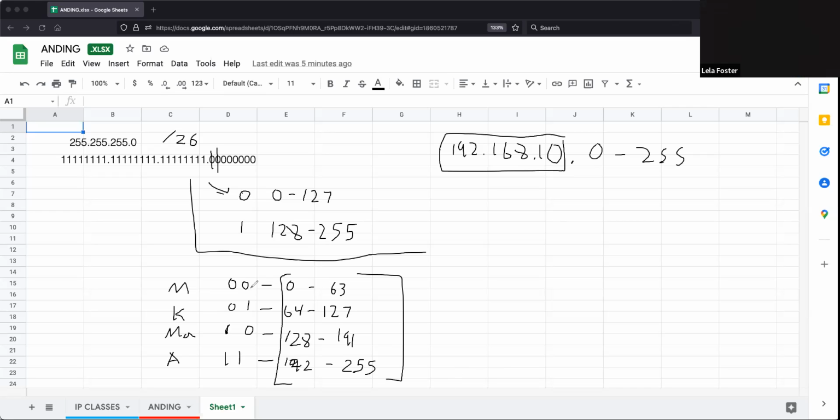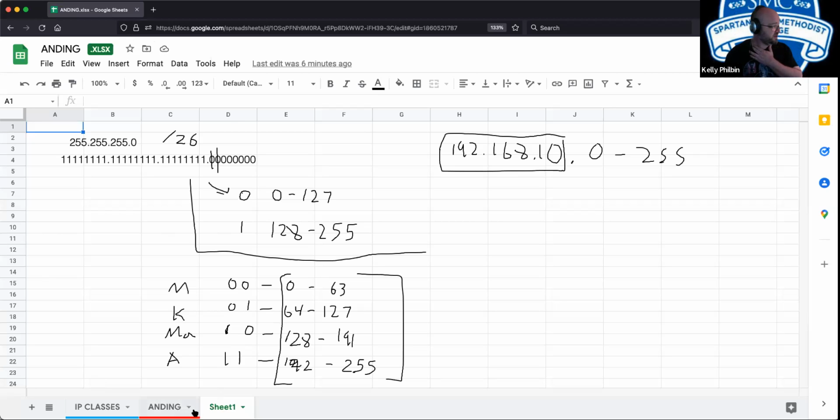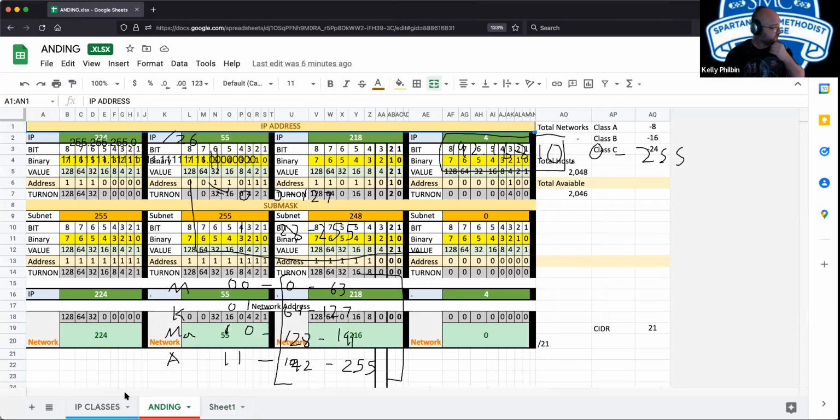That is why I write it out in order. So this is the binary representation: 0, 0, 0, 1, 1, 0, 1, 1. I would do it in order of how they would turn on. Okay. And then because I know when I look at my ANDing over here, nope, wrong one.